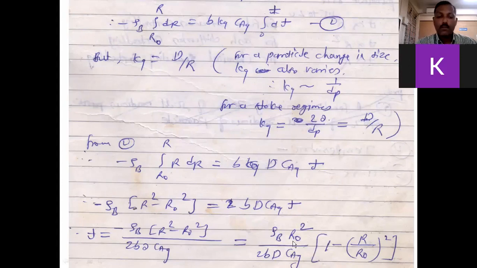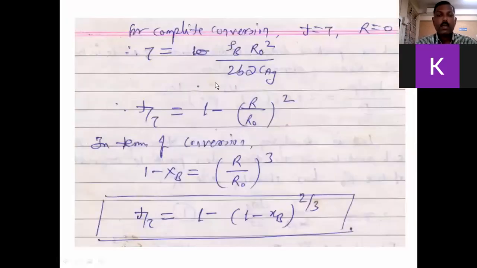This is the time required for the size to change from r naught to r for a shrinking spherical particle. So for complete conversion, after some time this particle size will be reduced and it will disappear and all the product will be formed.